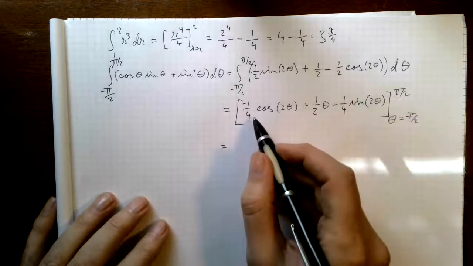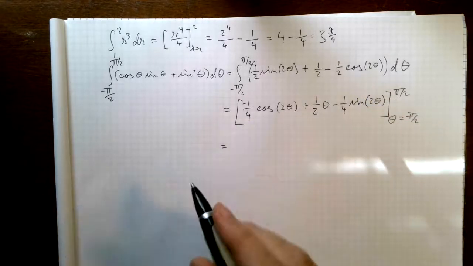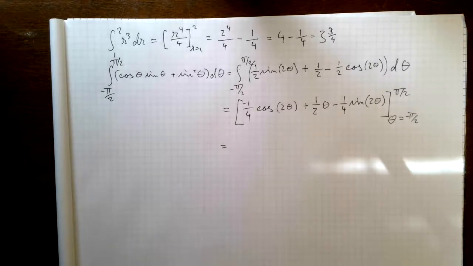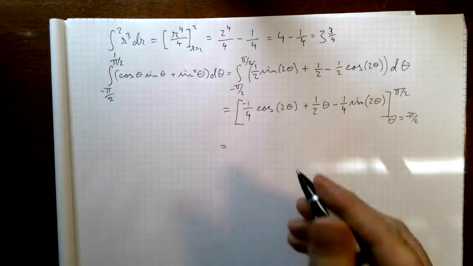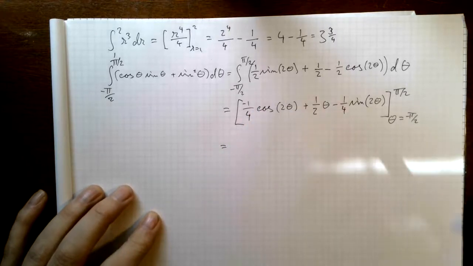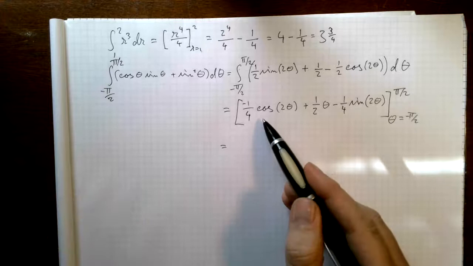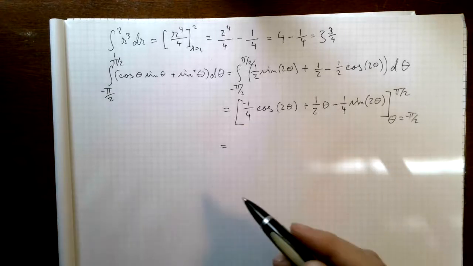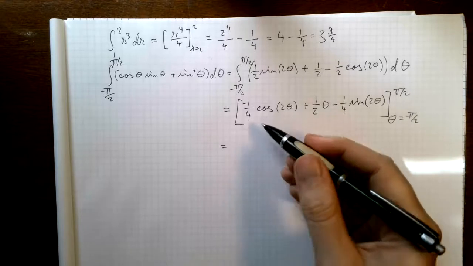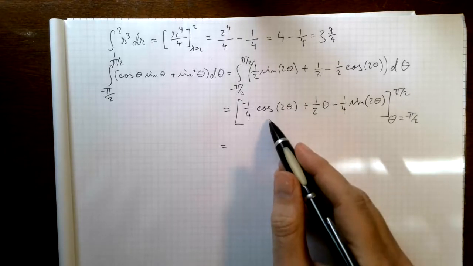On the other hand, over here, cosine is -1 at minus pi and -1 at pi. So I'm getting -1s over here, but that means I get the same value, and again, it disappears.